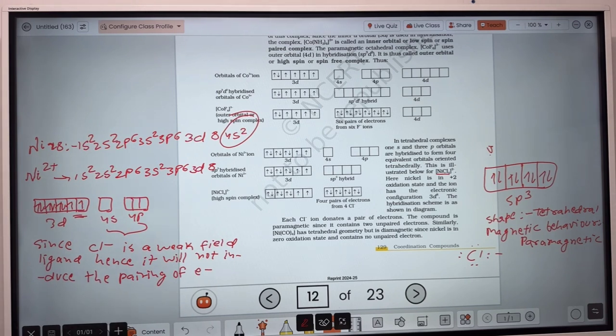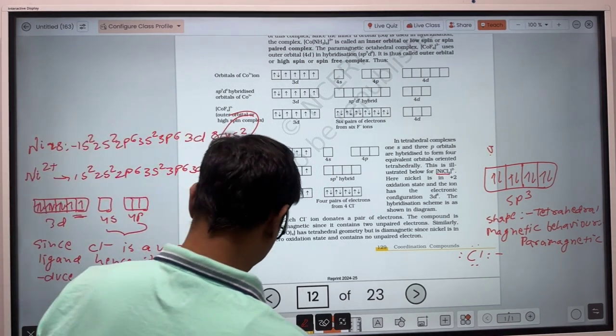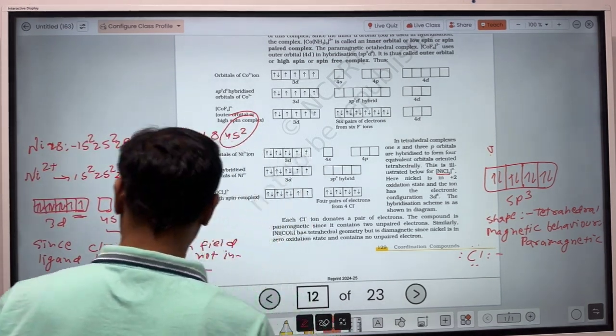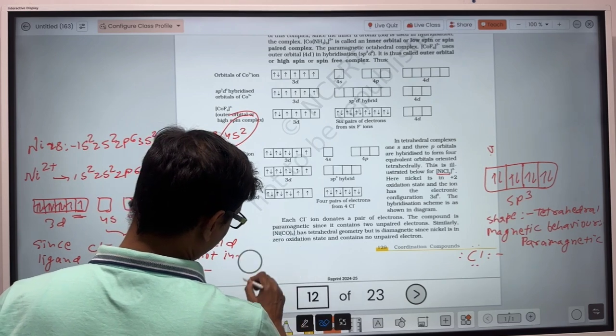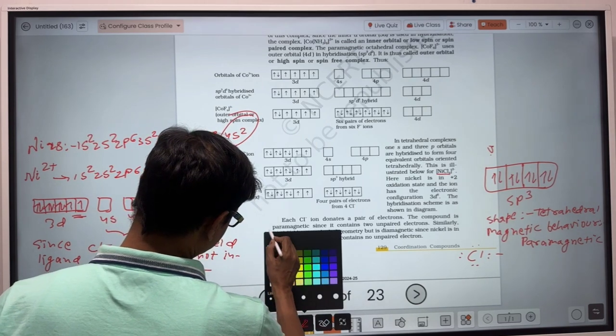Now another molecule, tetracarbonyl nickel. We will have to discuss about this molecule.